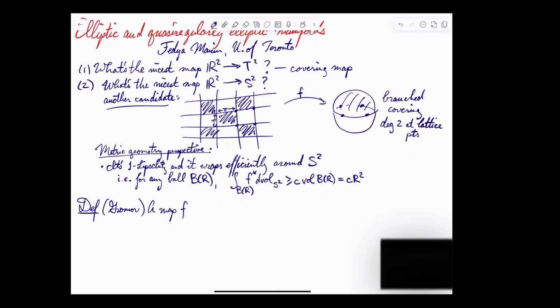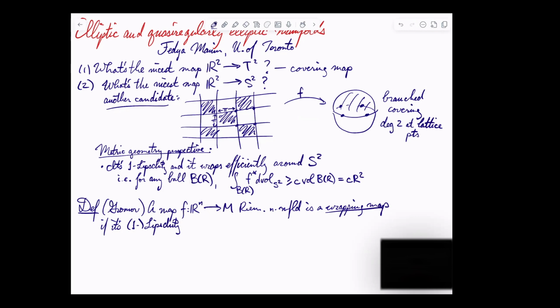I'm going to say that a map from Rn to a Riemannian n-manifold is a wrapping map if it's Lipschitz, or I could say 1-Lipschitz; it doesn't matter what version of the definition I take.